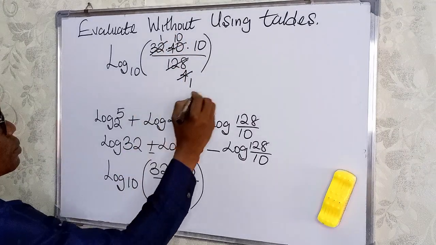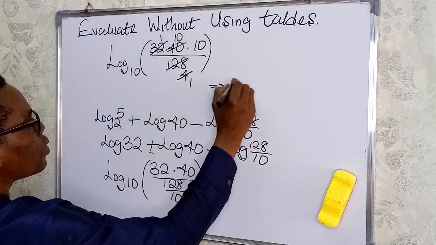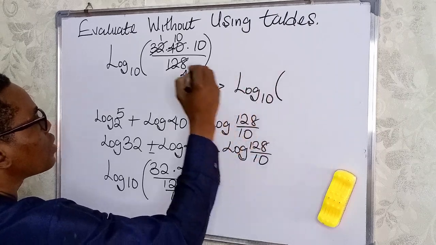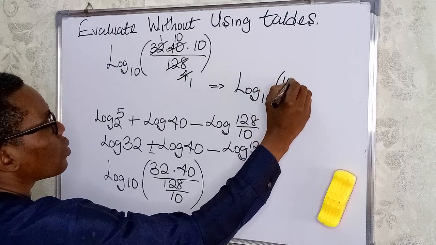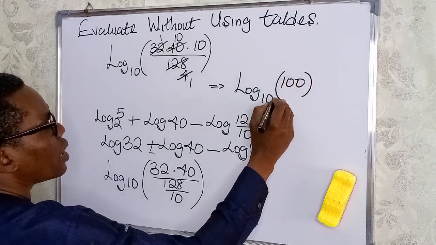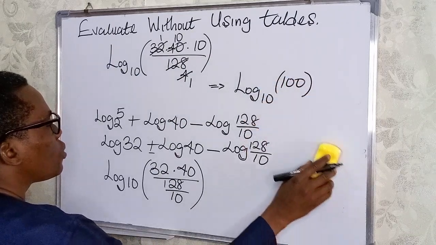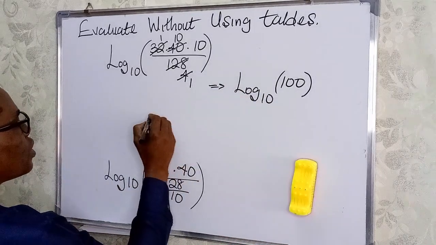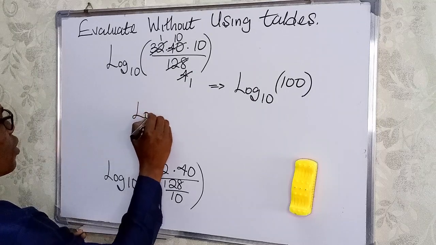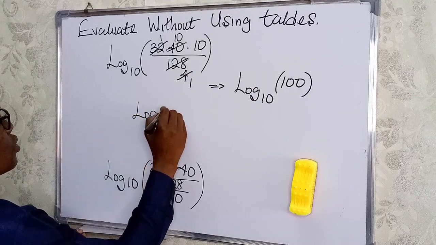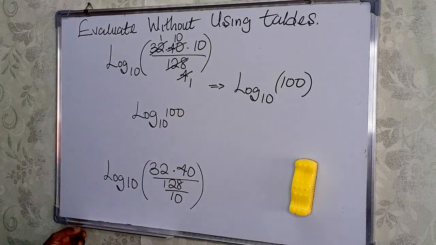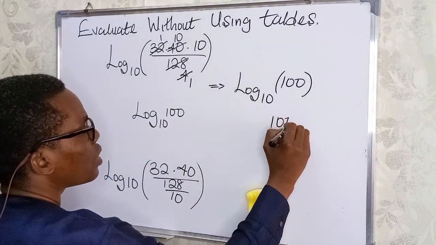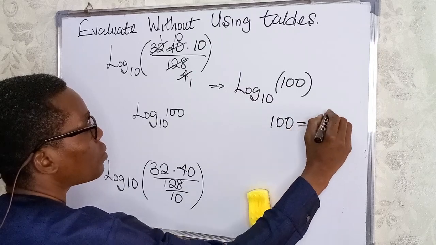So that means the solution will now be the log of 10 times 10, which is 100, base 10. Now recall that 100 is equal to 10 to the power of 2.